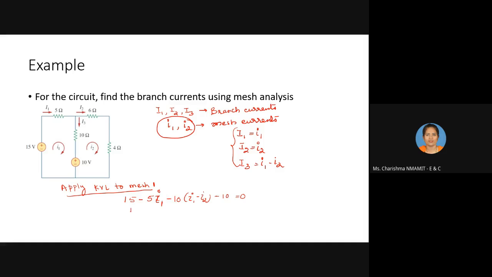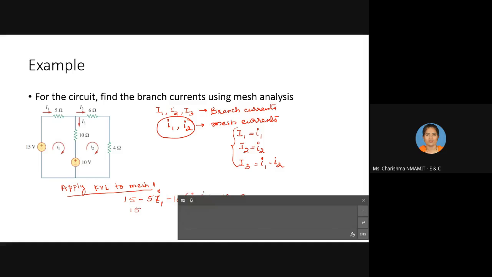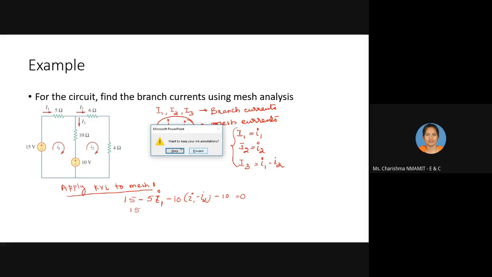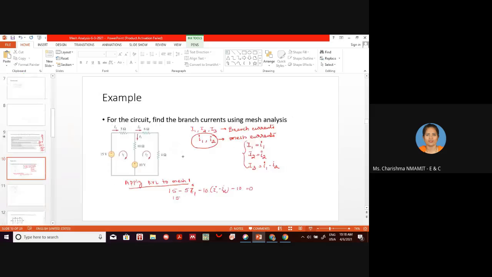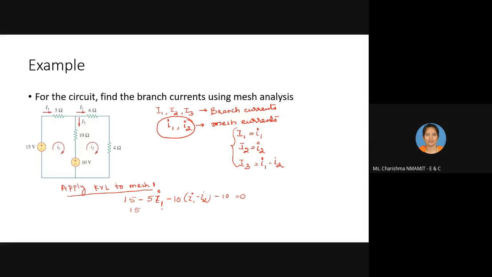Or you can simplify it and write this as 5I1 minus 10I1 plus 10I2 minus 10 equal to 0.